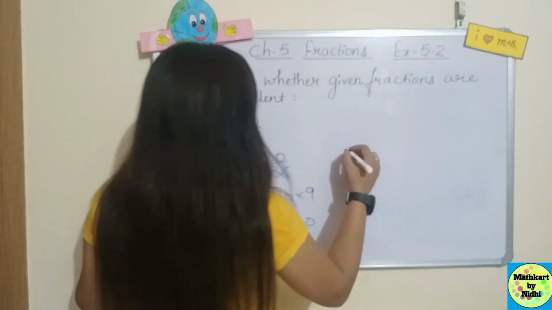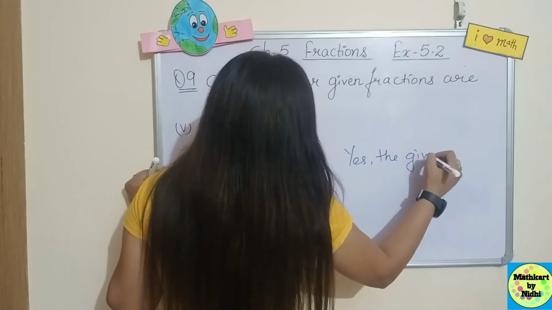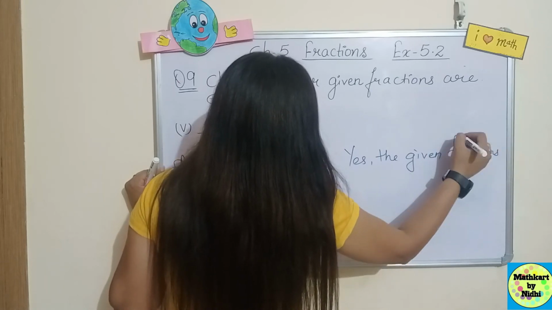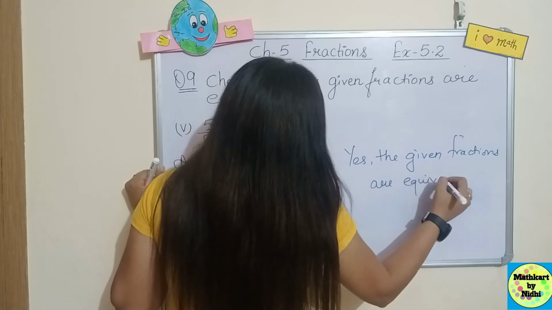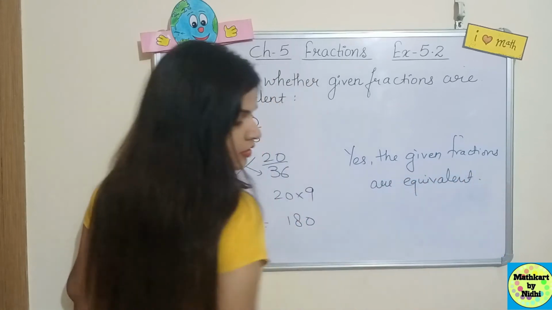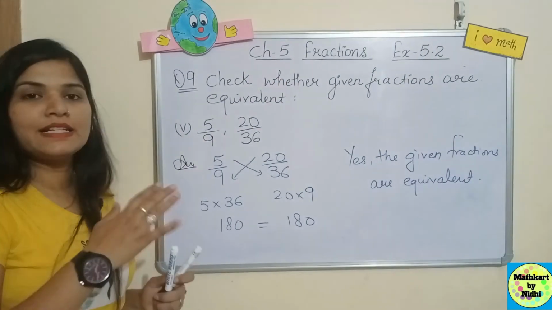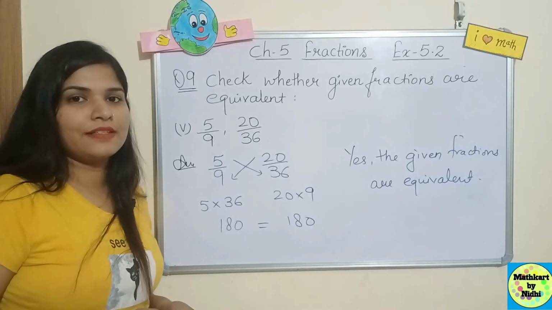So we can write down yes, the given fractions are equivalent. In your book there are a total of 6 parts. I hope I have made 5 parts clear. The 6th part you can do on your own for practice.